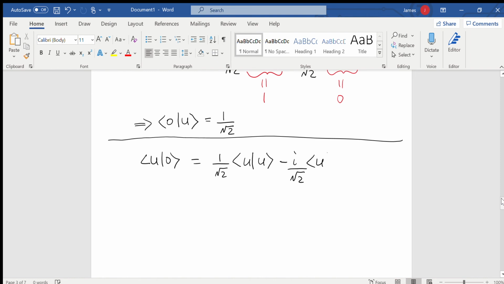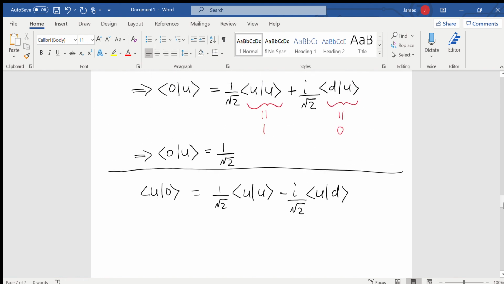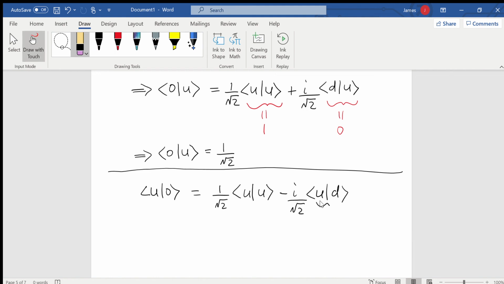Again, my bra comes in and hits my down. I hit the wrong tab, that's why my screen disappeared, I hit the text color. So we know that this is equal to 0 because they're different. This is equal to 1 because they're the same, so this term disappears. So I know that the bracket <up|out> is just equal to the coefficient 1 over root 2.